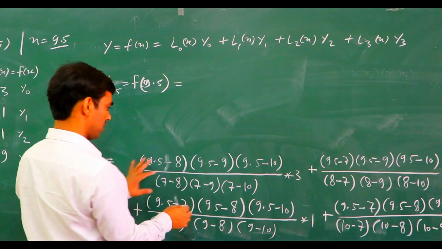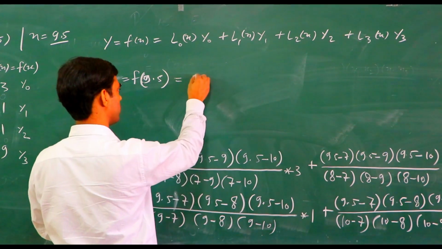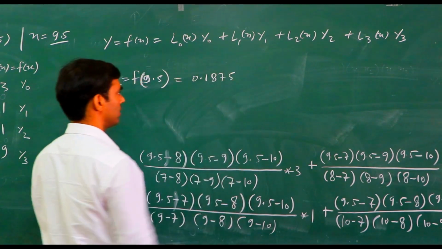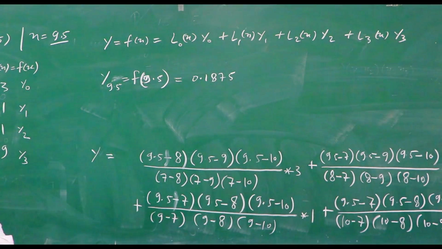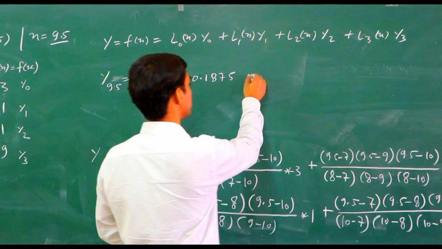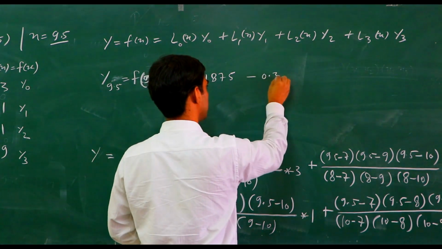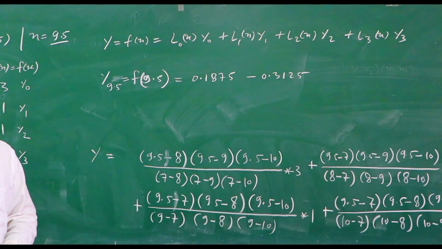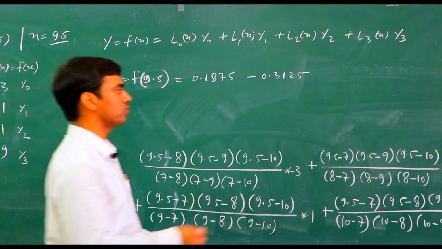0.1875. After calculating this value, this one becomes 0.1875. And if we calculate the second value, this one is minus 0.3125, and next value is 0.